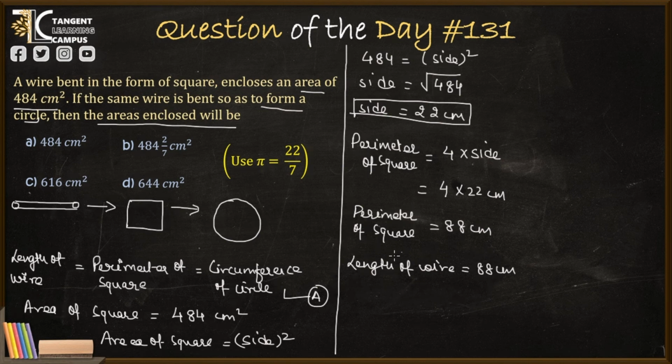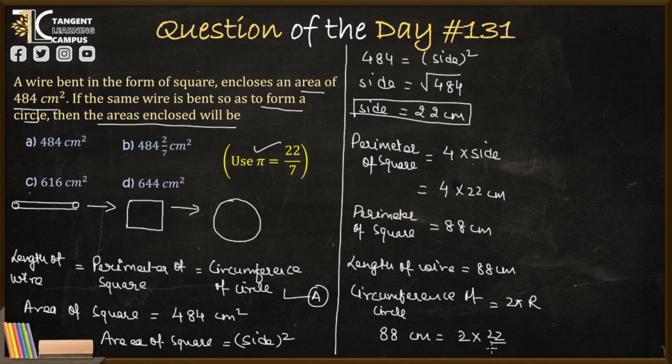So that means now we know the value of circumference also, which is equals to 88 centimeter, right? So we know that circumference of circle is equals to 2 pi r. So circumference of circle is equals to 88 centimeter, which is equals to 2 into pi, taking the value of pi as 22 upon 7, into r.